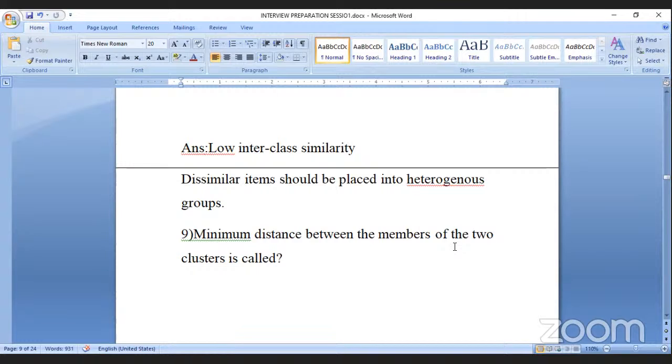Answer for the ninth question. Single linkage. Okay, good one. Others, please. Separation of clusters. Okay, nice try. Single linkage. Okay, very good. Any others?